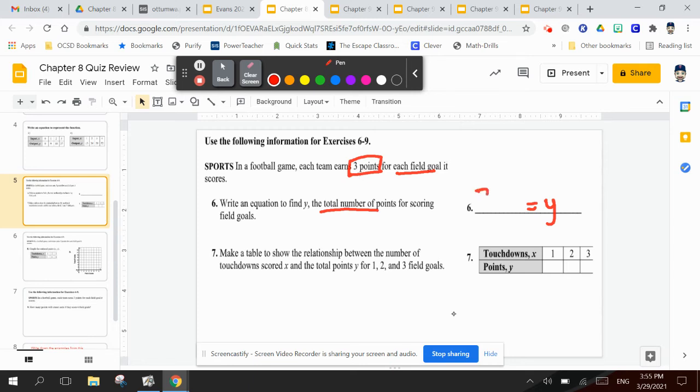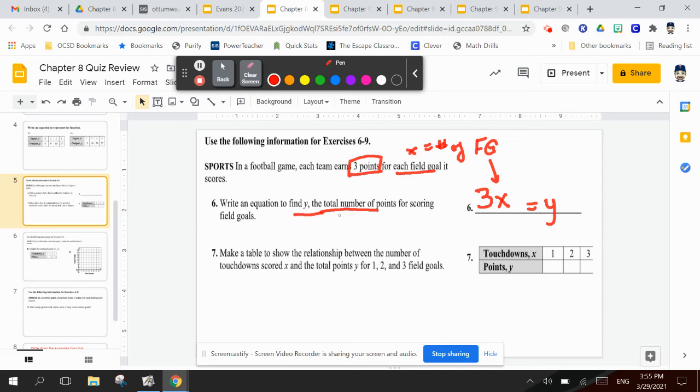So I know if I have 3 and I multiply that by a variable such as x being the number of field goals, I can find the total number of points, which is y. So there's my equation. 3 times x, the number of field goals, equals y, the total number of points.